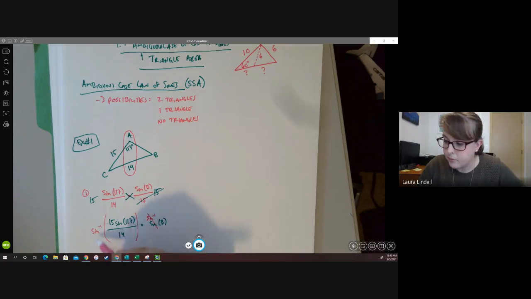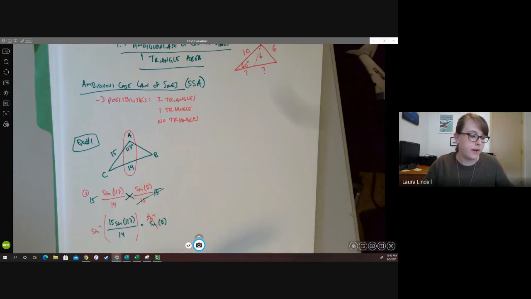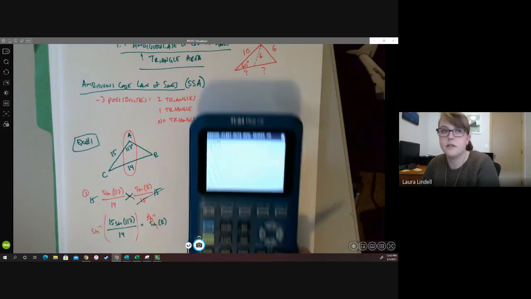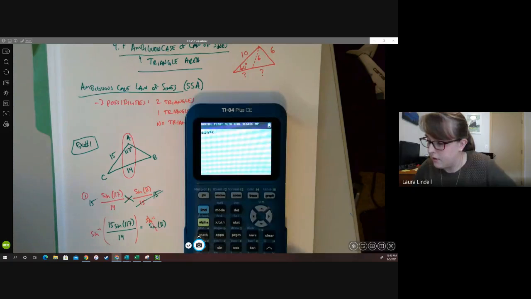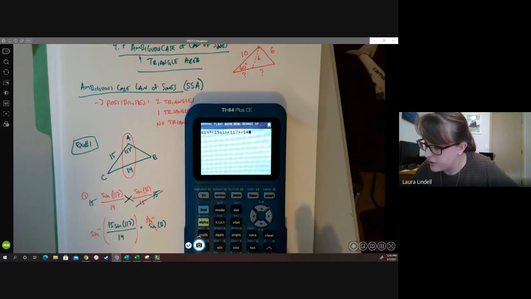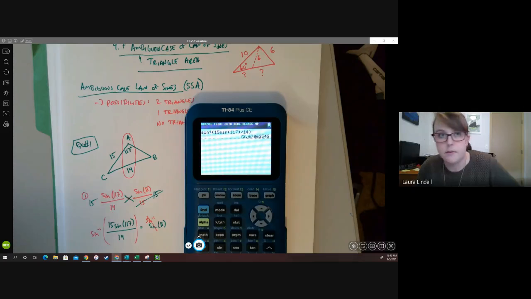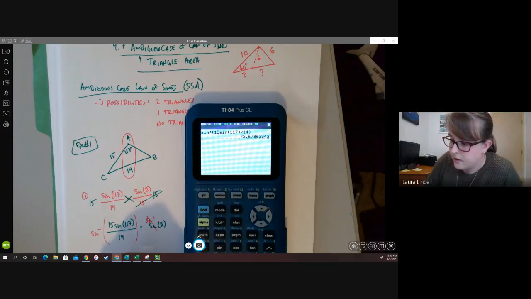And so then we type this into the calculator to find angle B. So we go sine inverse of 15 sine 117 divided by 14, enter. And we get angle B is approximately 72.679 degrees.